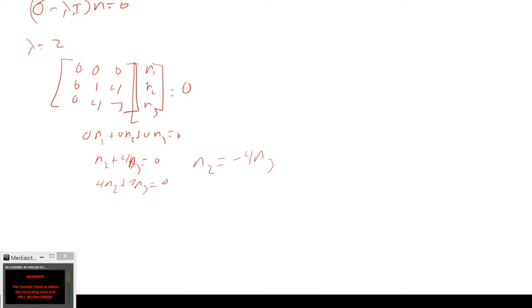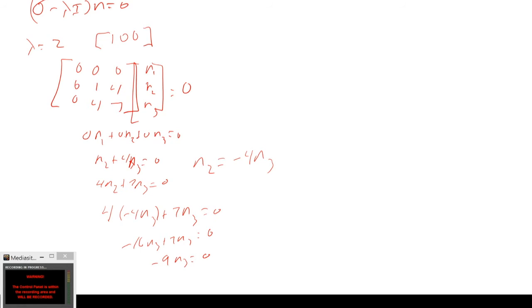If we plug that in, 4 times minus 4n3 plus 7n3 equals 0. That tells me minus 16n3 plus 7n3 equals 0, or minus 9n3 equals 0. Obviously, that only works if n3 is 0. Do the same thing and you get n2 is 0. So that means n1 can take any arbitrary value. We want to keep things unit vectors, so that's 1.